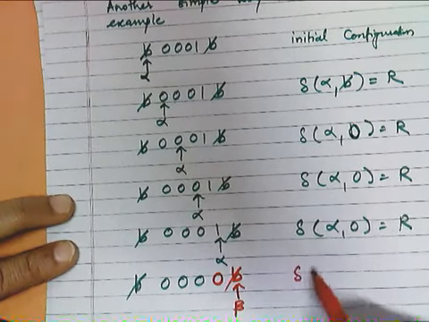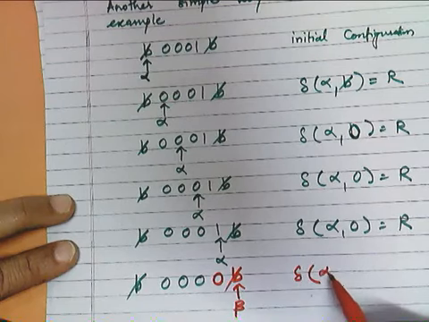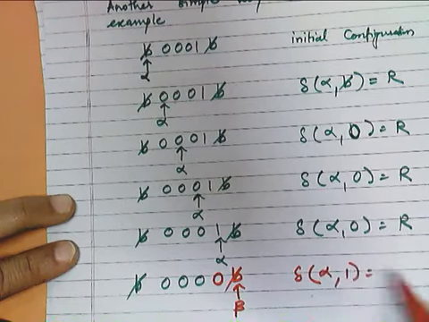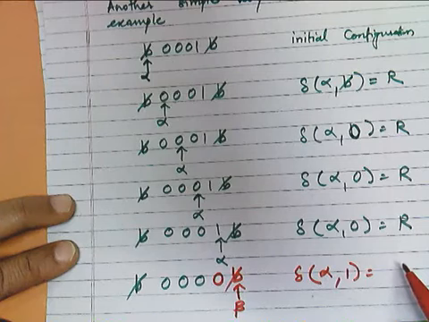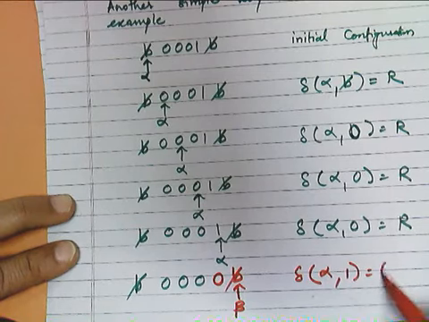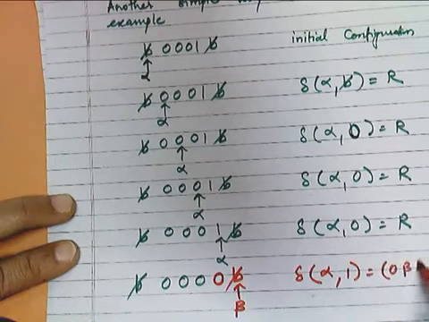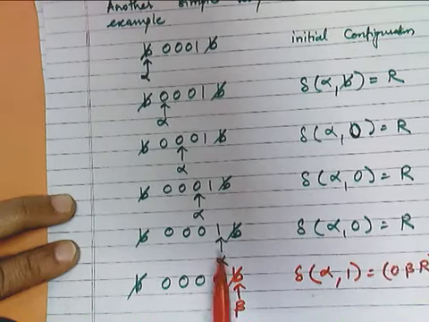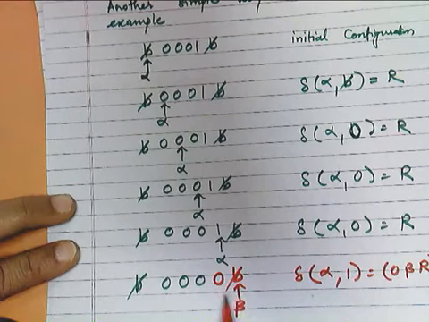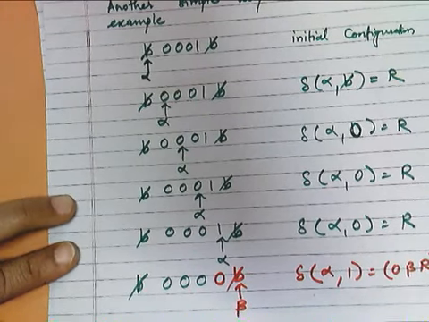This is because delta alpha comma 1 is giving you the information 0 beta r. So 1 is converted to 0, move towards right, and the state changes to beta.